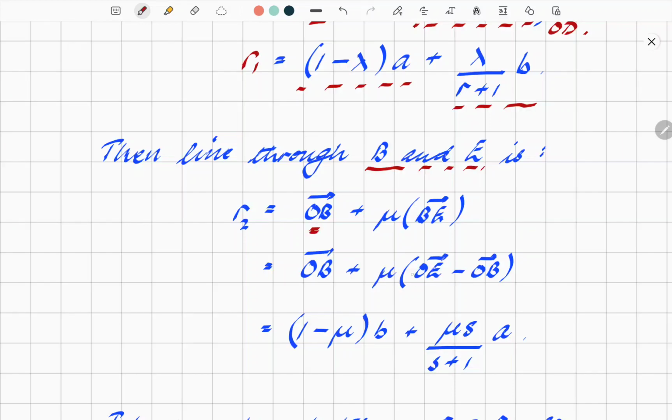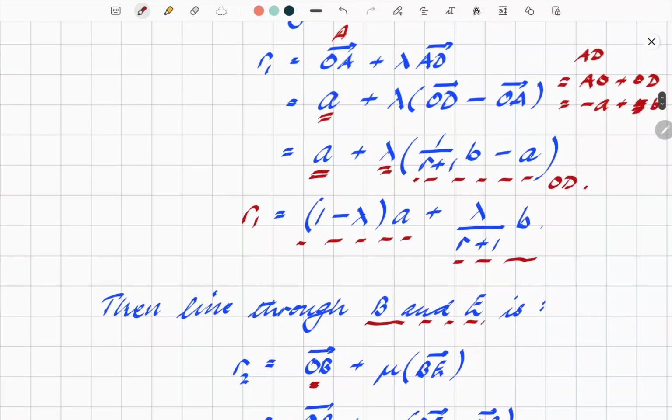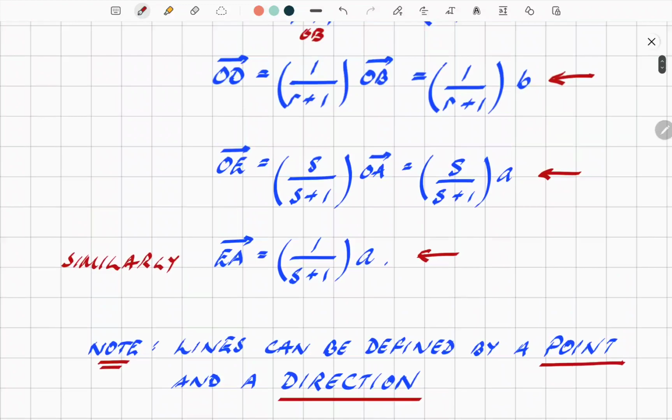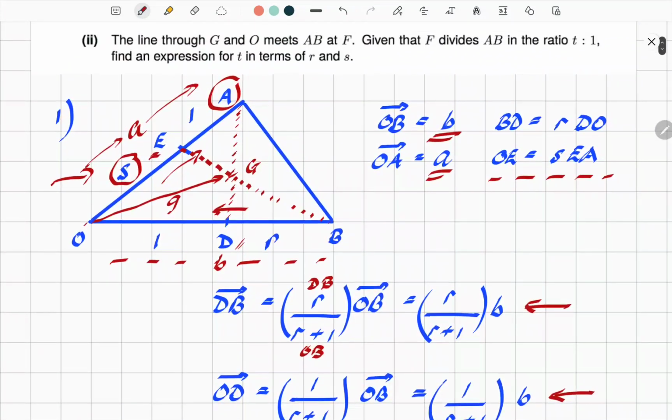So you have mu times OE minus OB. Remember the original diagram again. I'll rewind to it one second. So we need effectively minus B and then along to go to E. So that gives you a BE element.